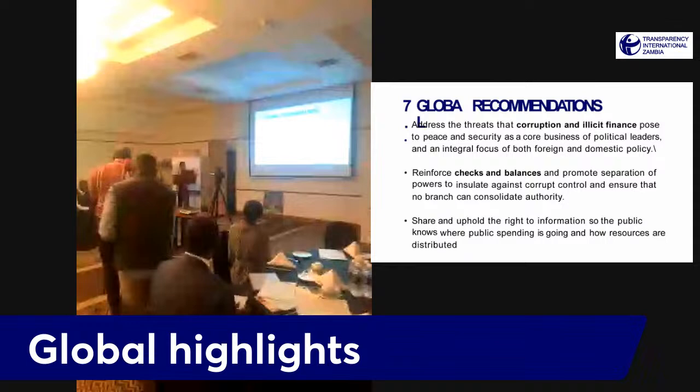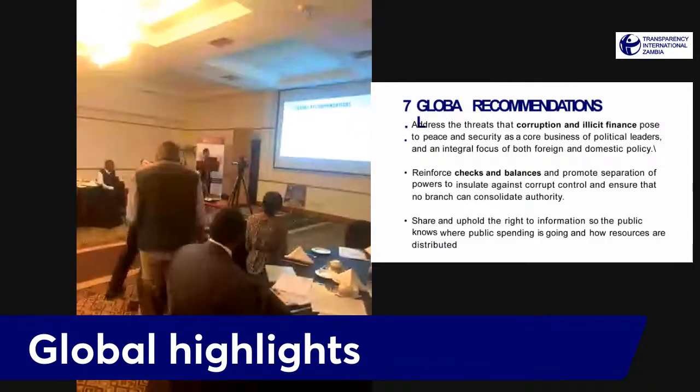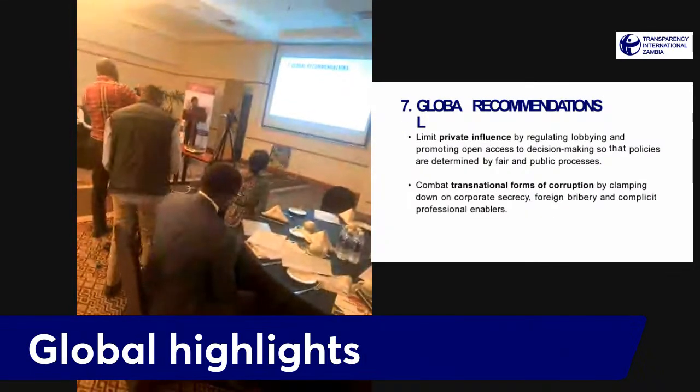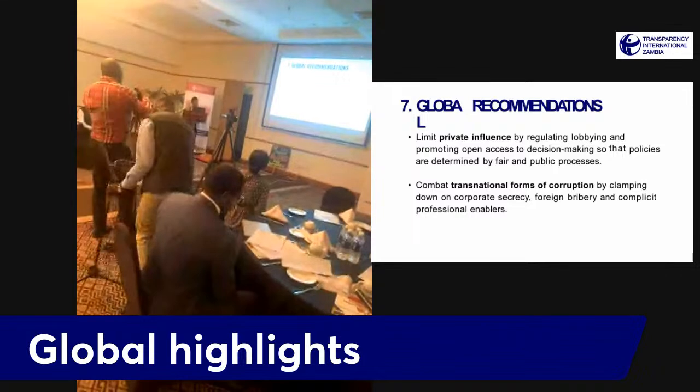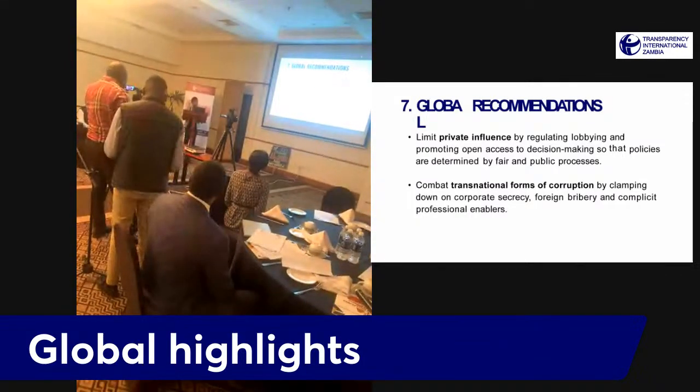There is need to limit private influence by regulating lobbying and promoting open access to decision-making so that policies are determined by fair and public processes. So this speaks to that there should be efforts to ensure there is no private capture of decision-making and policy-making.